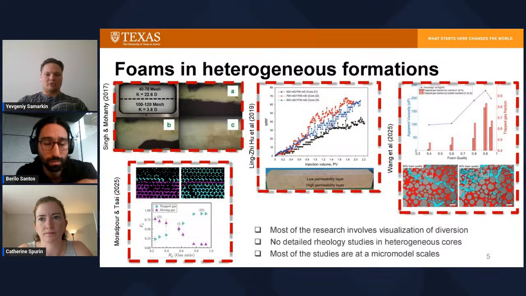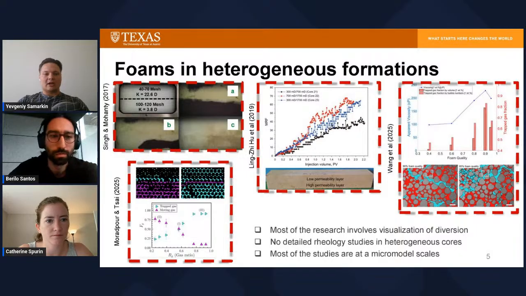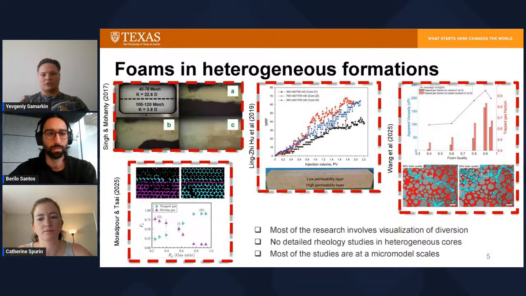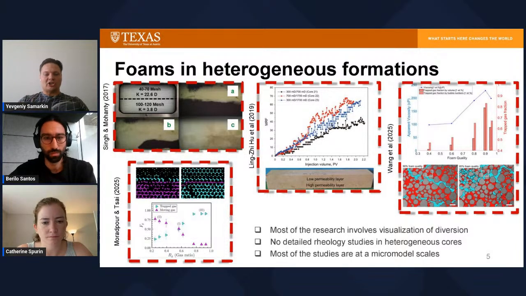The latest research, published in 2025, actually tried to understand at the micro scale what happens to the foam. Some researchers observed that when the foam flows through the layered formation, a significant portion, especially of the gas fraction, becomes trapped by that heterogeneity.